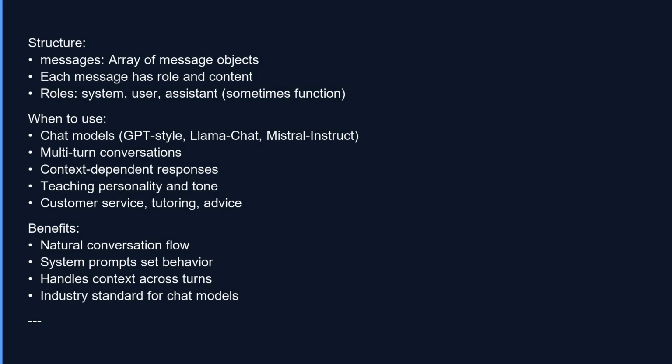Each message has role and content. Roles: system, user, assistant, sometimes function. When to use: chat models, GPT style, Llama chat, Mistral instruct, multi-turn conversations, context-dependent responses, teaching personality and tone, customer service, tutoring, advice. Benefits: natural conversation flow, system prompts set behavior, handles context across turns, industry standard for chat models.